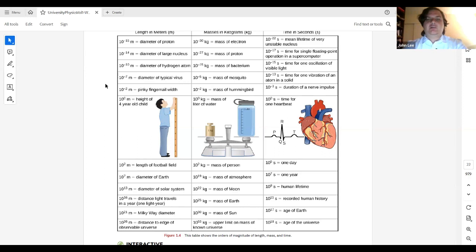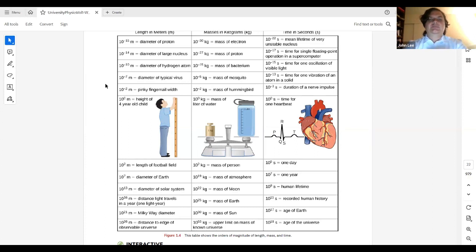So we talk about orders of magnitude because we're talking about different scales of things, and the scales tend to scale logarithmically. So they scale times 10 to the whatever power rather than linearly.